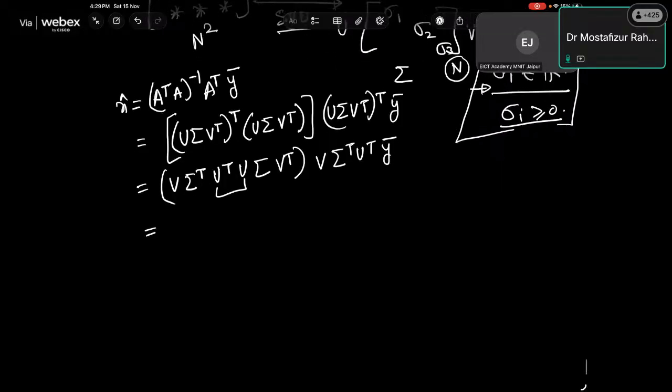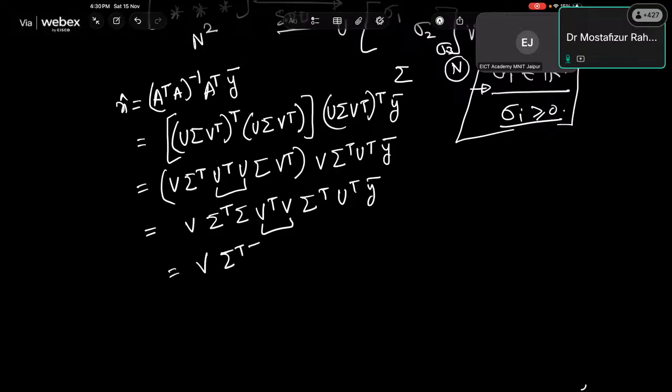Then this is identity. So V sigma transpose sigma, diagonal times diagonal, this one. And this is V transpose V, sigma transpose U transpose Y bar. Again, this V transpose V becomes your identity matrix. So you are left with V sigma transpose sigma and then sigma transpose, right?